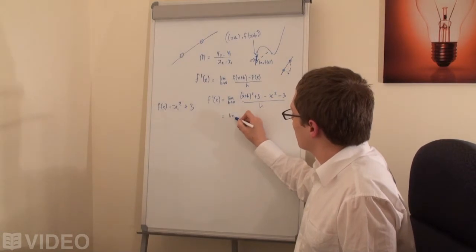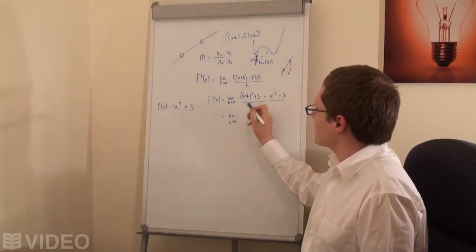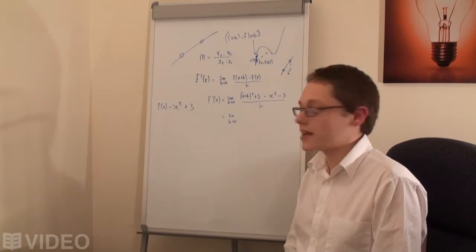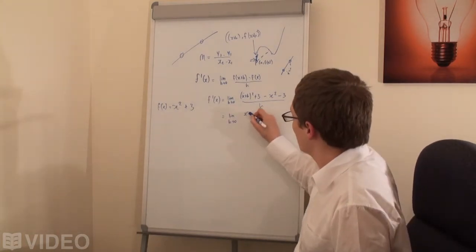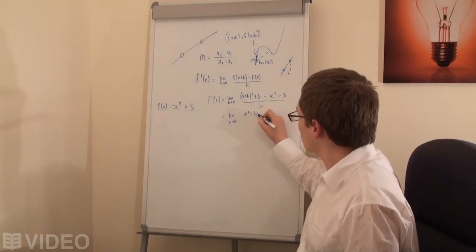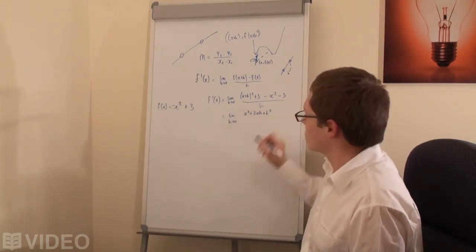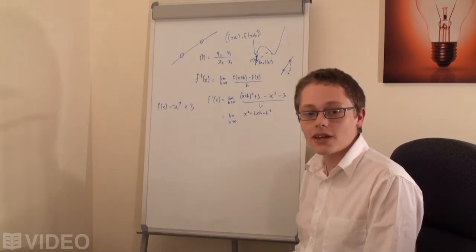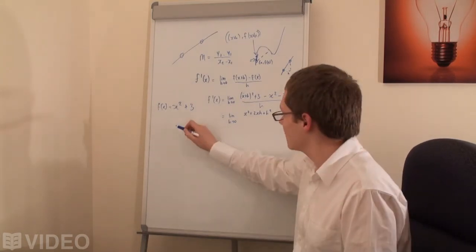From there, we can expand x plus h squared, so that it's x squared plus 2xh plus h squared. Again, you've probably expanded some brackets before.